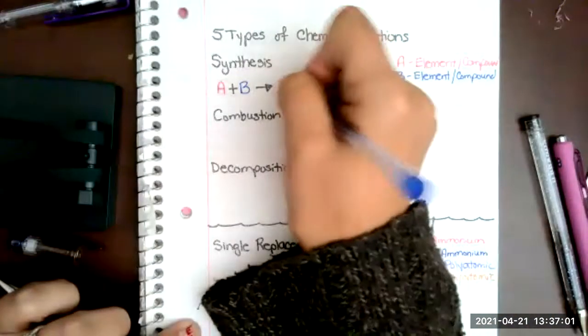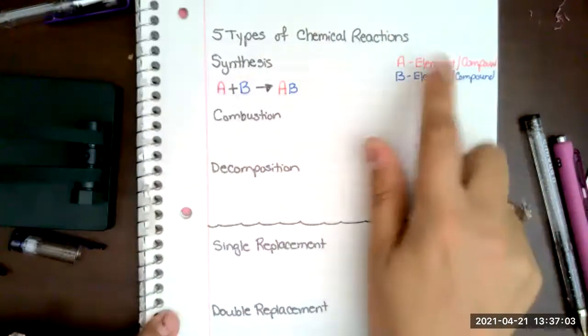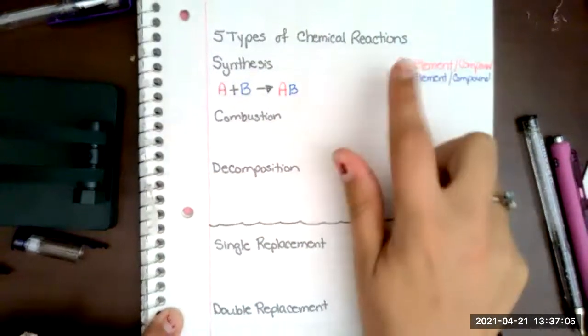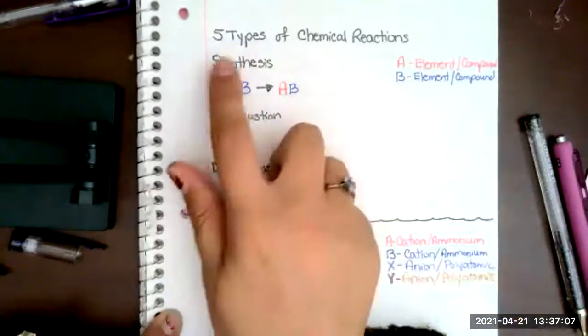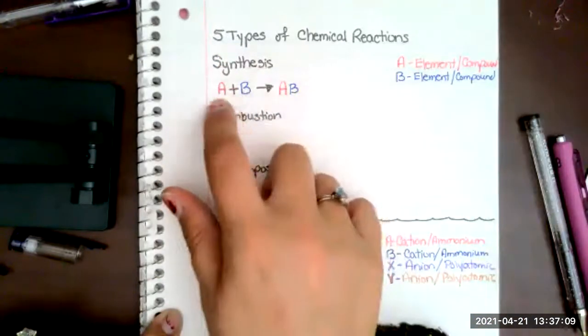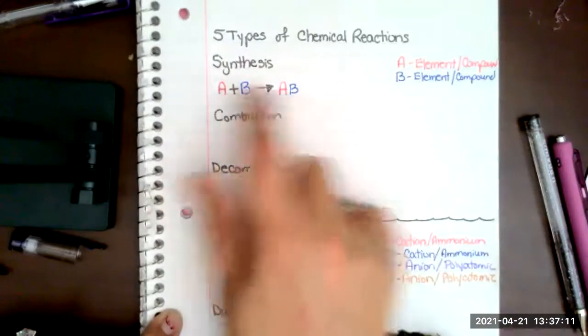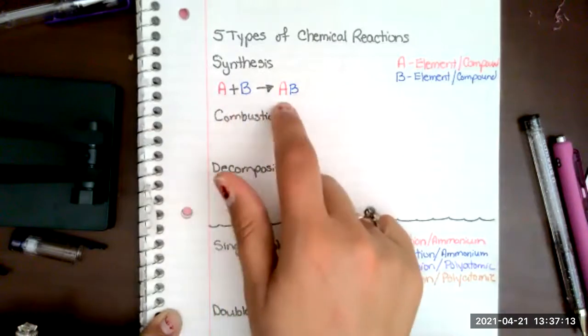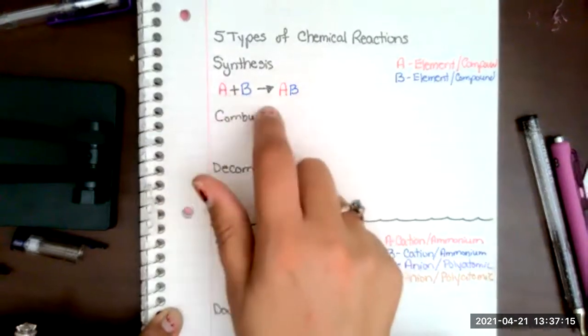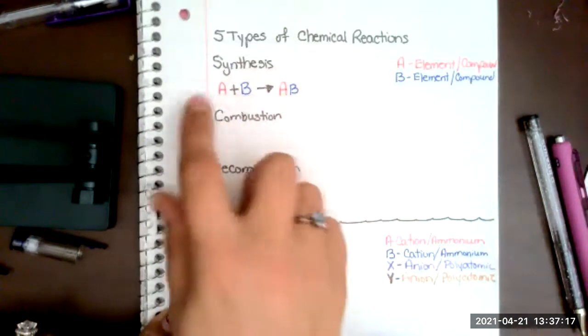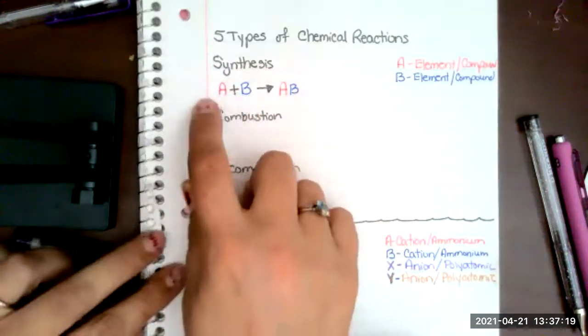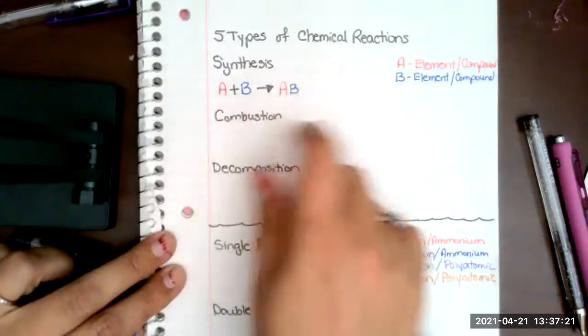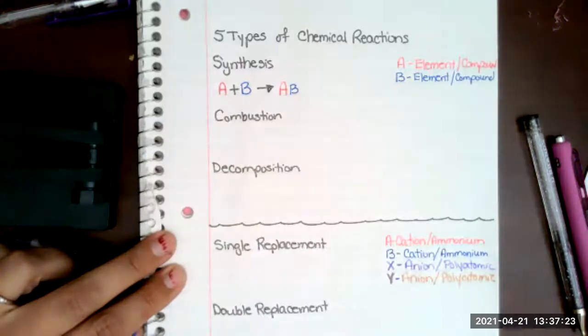And please note on your key over here, A is either an element or compound, and B is an element or compound. So element plus element will form a compound, element plus compound will form a bigger compound, and then you can have a compound plus a compound. But it doesn't always have to be two over here. It's basically multiple things turning into one thing that is a synthesis reaction.